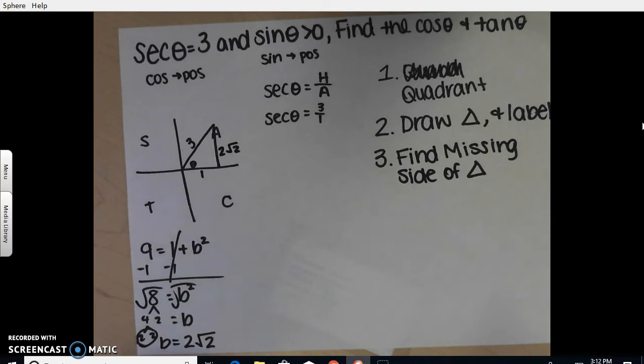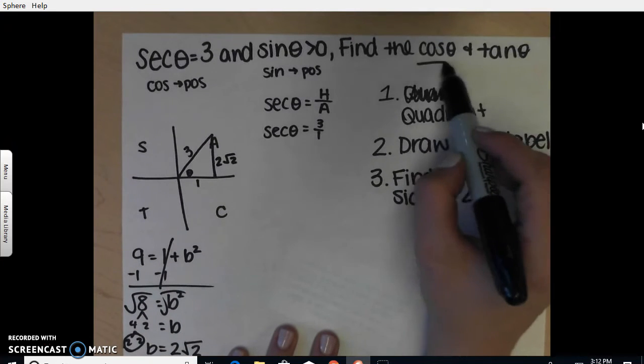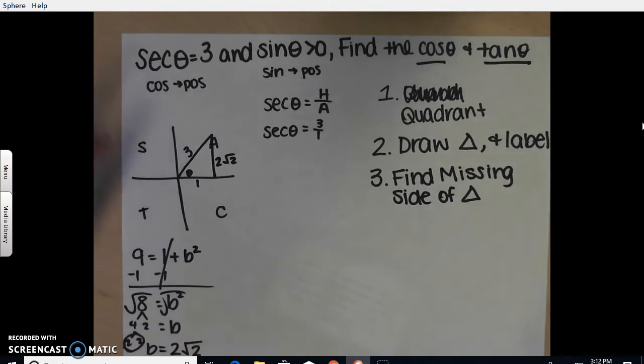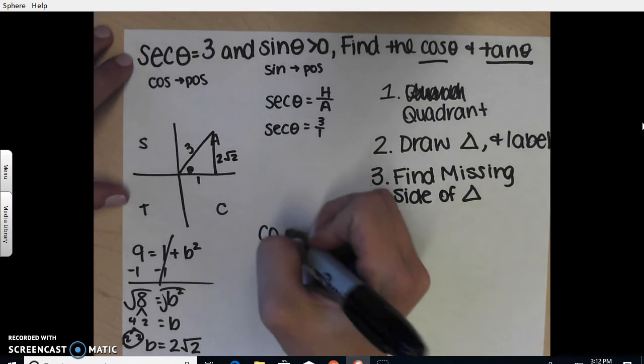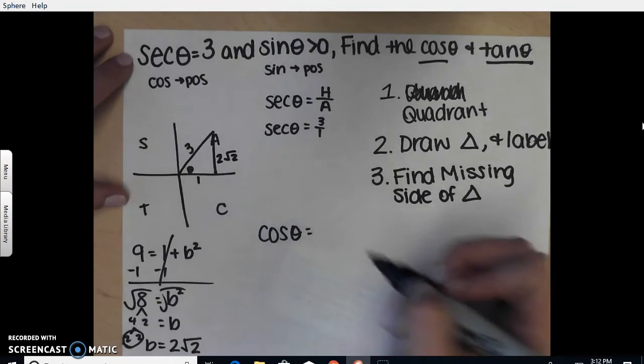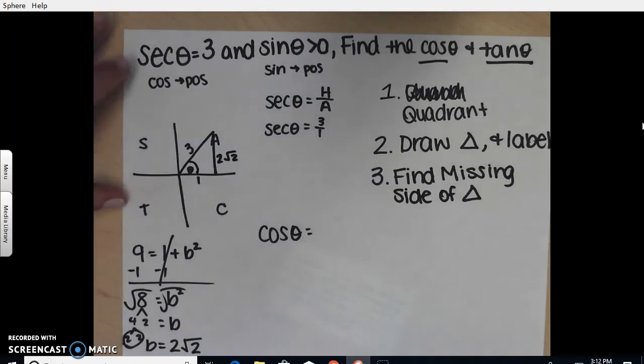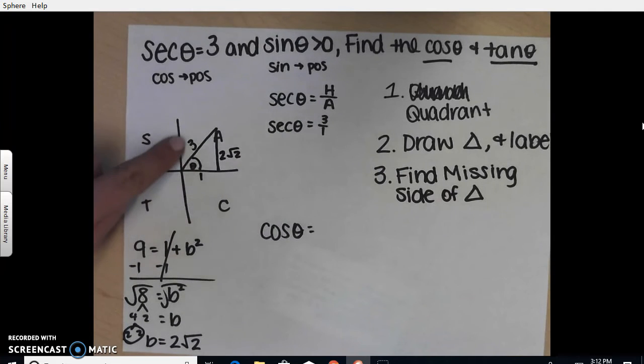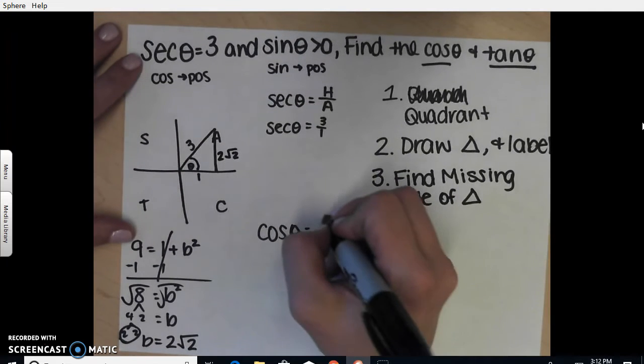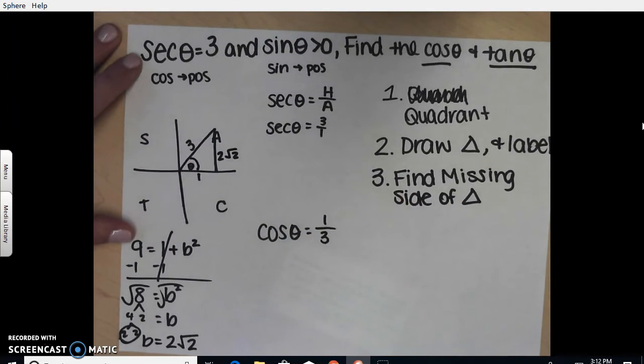And now I can find the cosine and the tangent. So the cosine of theta is equal to the adjacent side over the hypotenuse, which is 1 over 3.